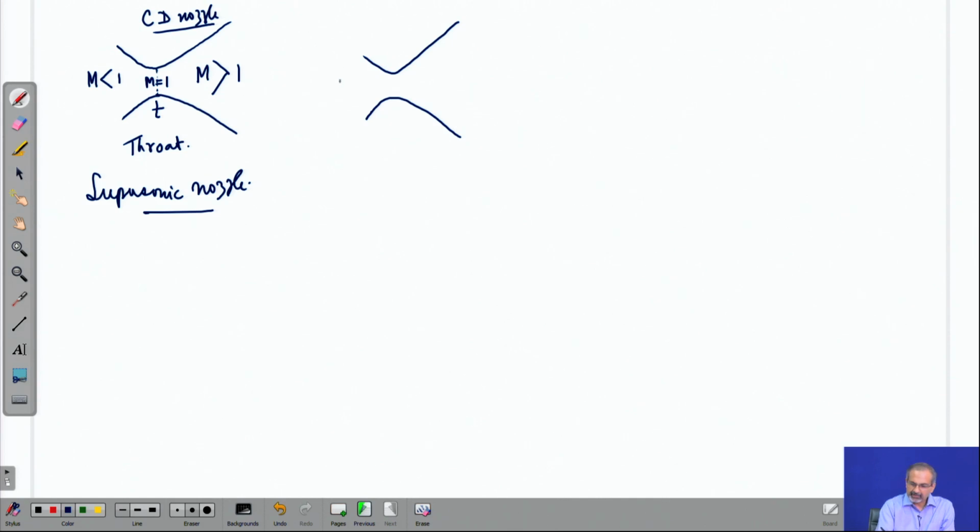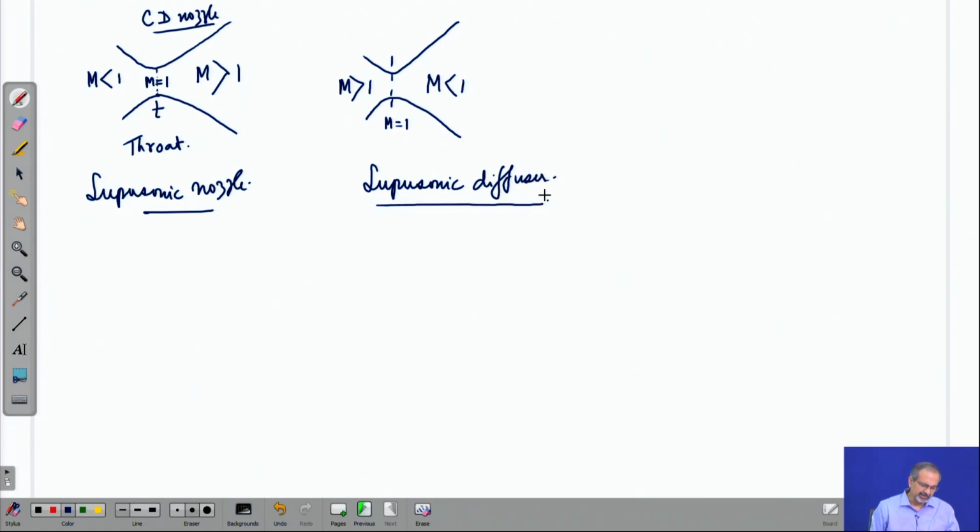On the other hand, let us say you are bringing a supersonic flow to a sonic condition here and then providing it with a diverging section, it can slow down to a subsonic flow. So, that becomes a supersonic diffuser.